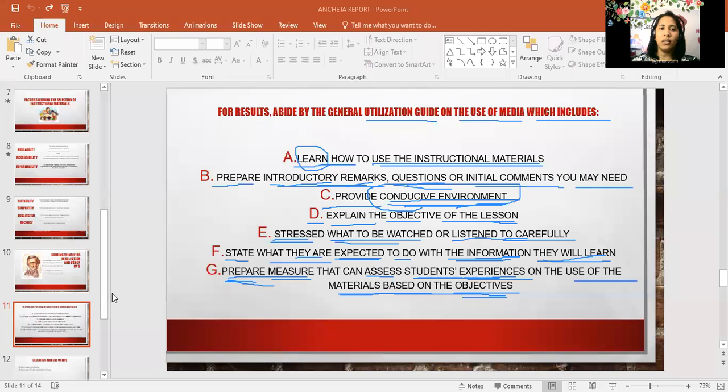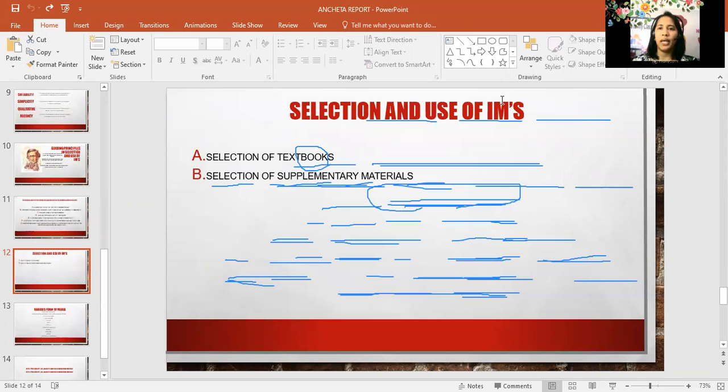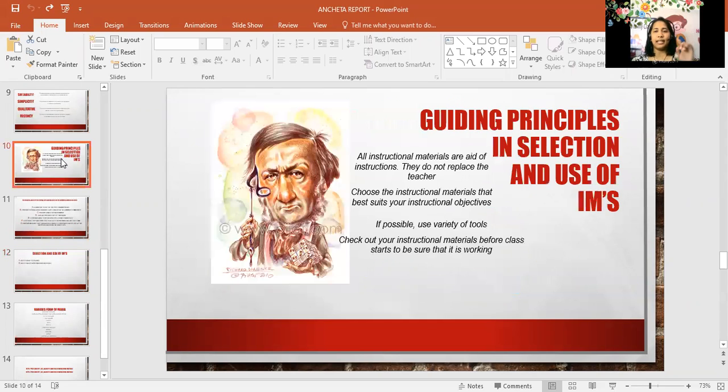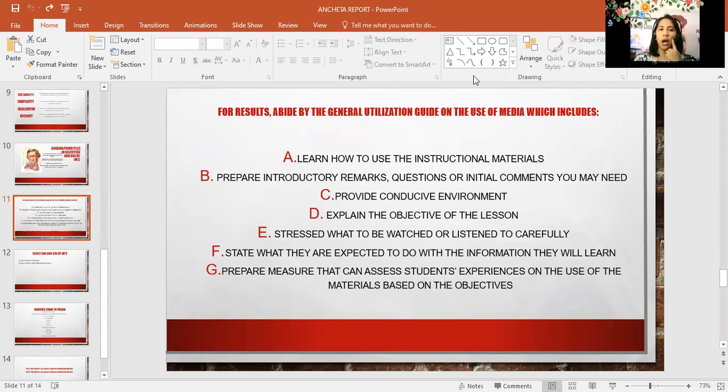Okay, so that is the guidelines, the guiding principles in the selection and use of material. Now let's review again what the guidelines are. The first, we need to learn how to use the instructional material. Second, we need to prepare. Third, we need to provide a very conducive environment. Fourth, explain the objective of the lesson.